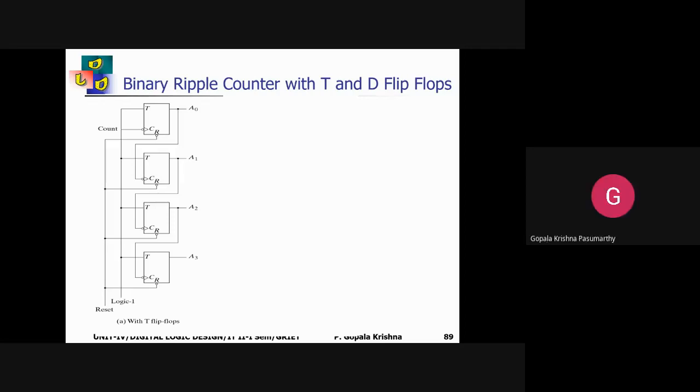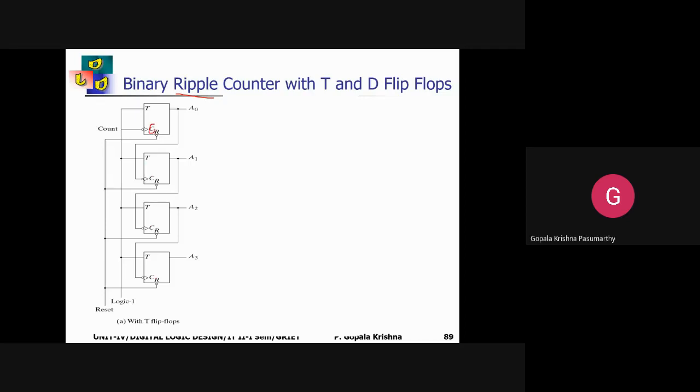So this is how we can have a binary ripple counter with T and D flip-flops also, but T is the most popularly used for a ripple counter. So this is a binary ripple counter. Remember, the name itself will let you know it is ripple because there is no common clock. The clocks are connected to different sources.